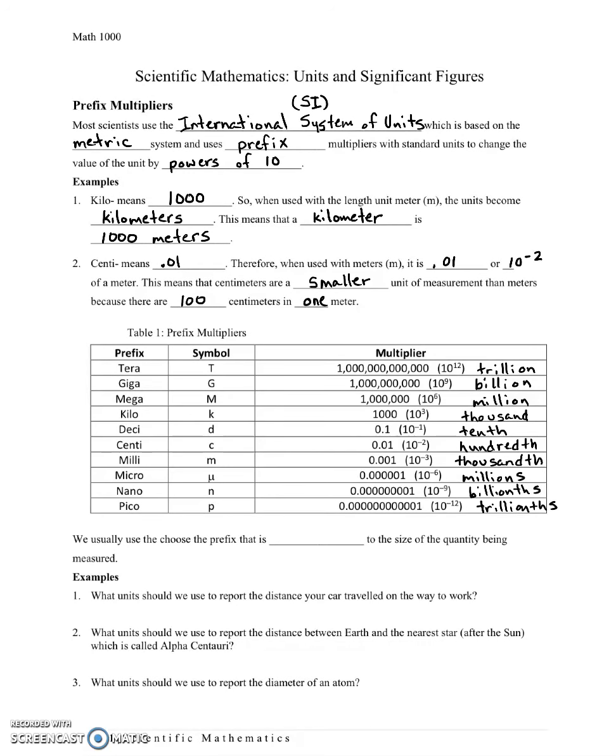So how do we know which one of these prefix multipliers to use? Well, we usually use one that is close to the size of the quantity being measured. So for example, what units should we use to report the distance your car traveled on the way to work?